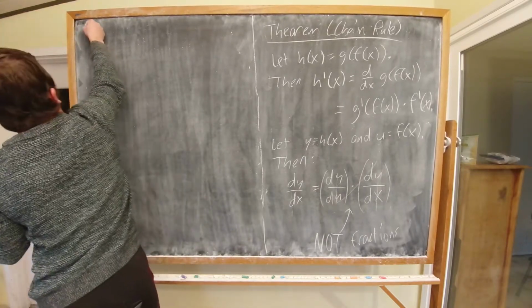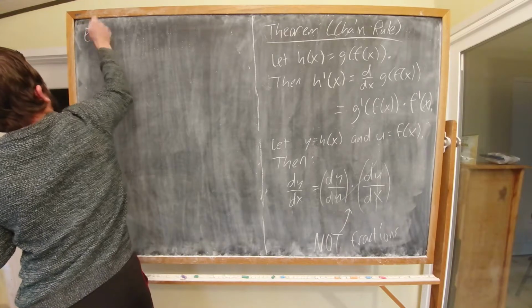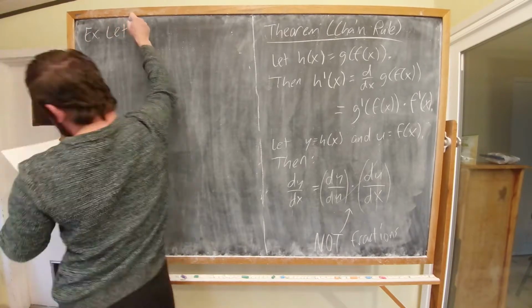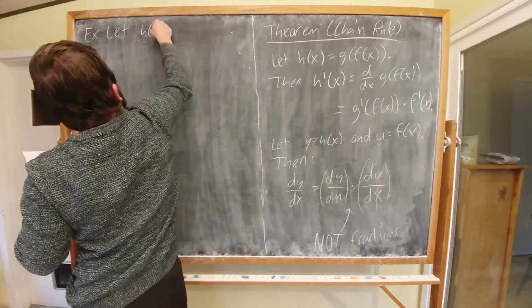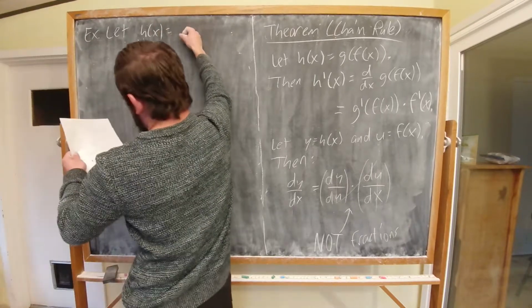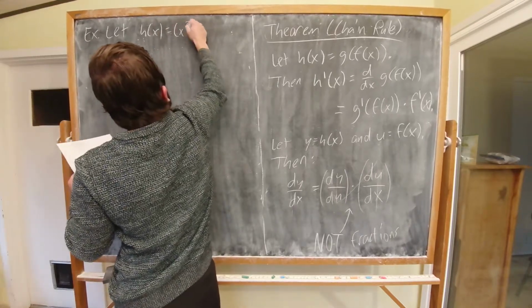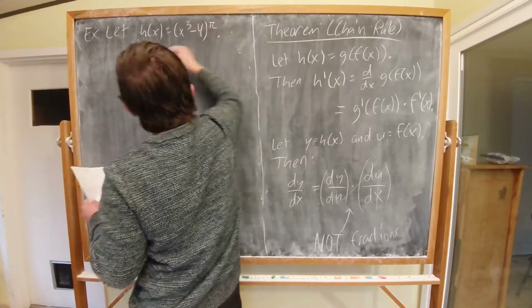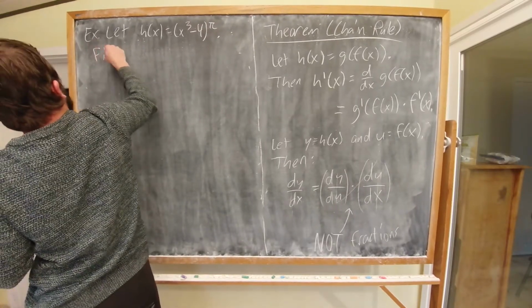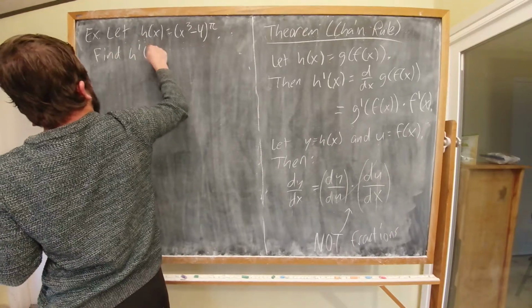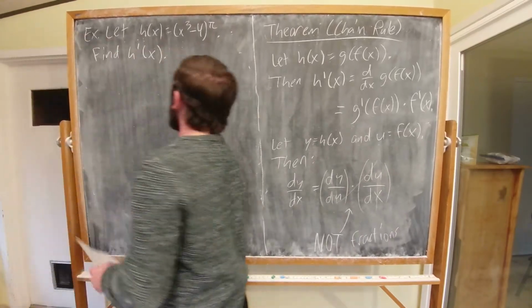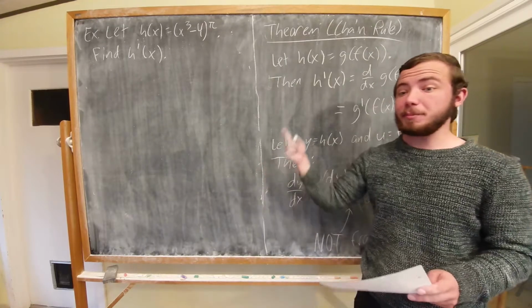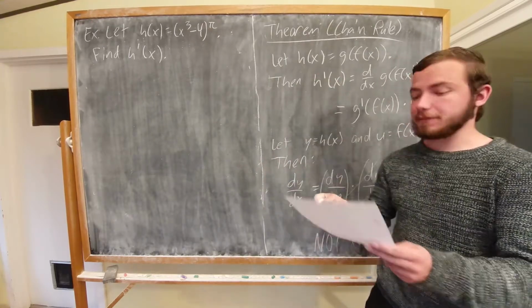In fact, let's start off with one of the ones that was giving us so much trouble in the first place. Let's let h of x equal x cubed minus 4 to the pi. And we want to find h prime of x. So, impossible to do by regular means, but with the chain rule, piece of cake.